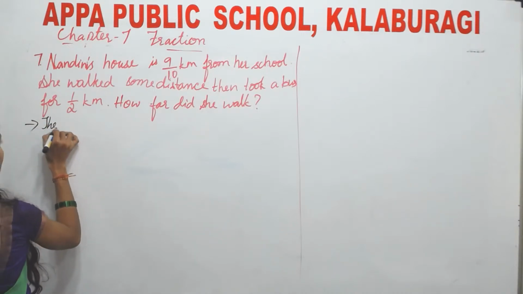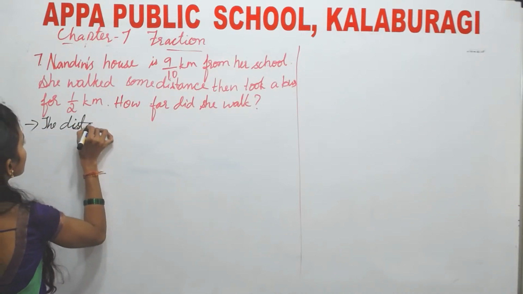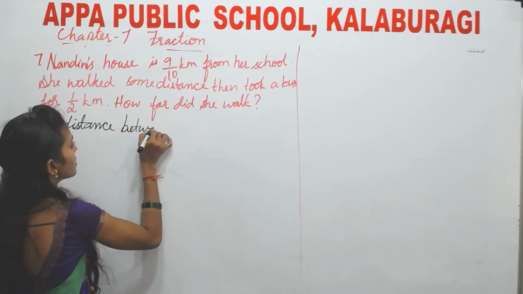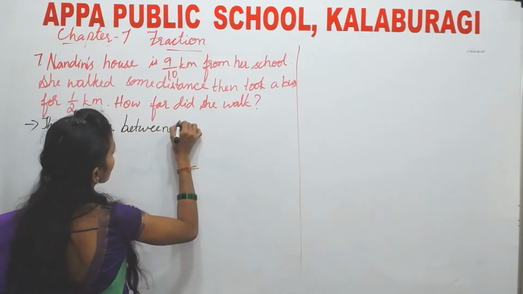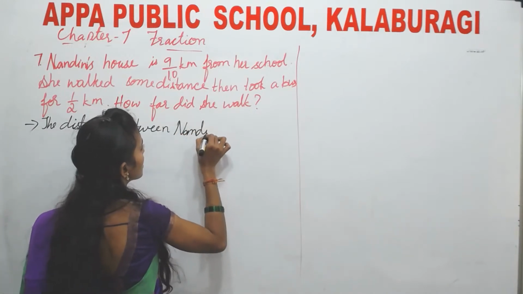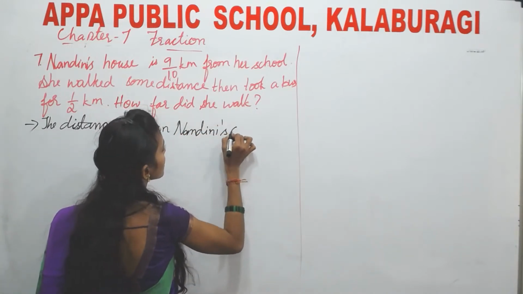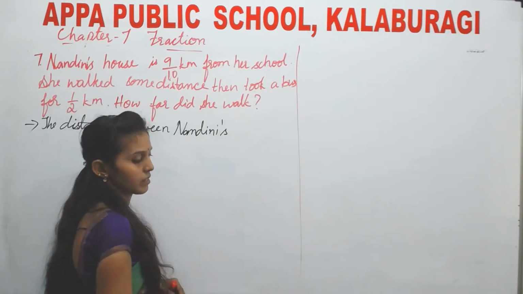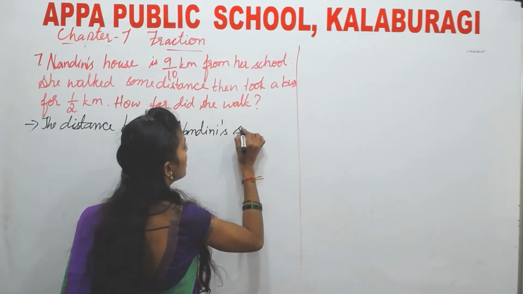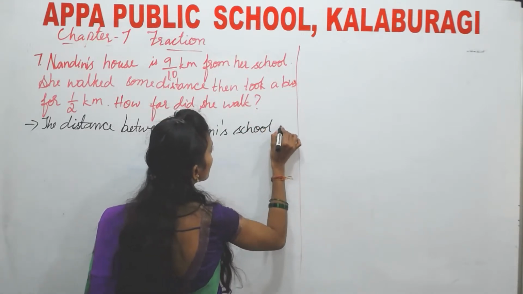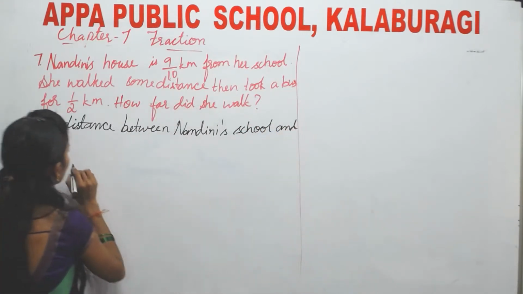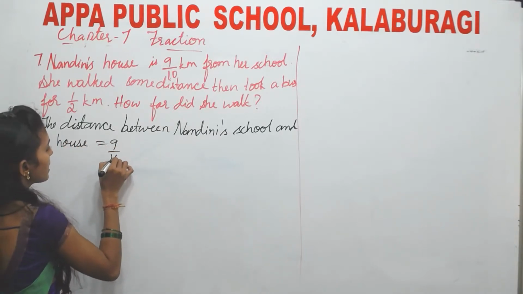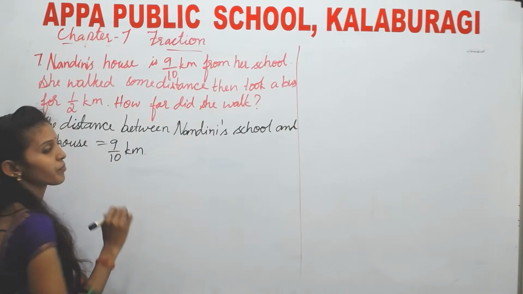The distance between Nandini's school and house is 9 by 10 kilometer.